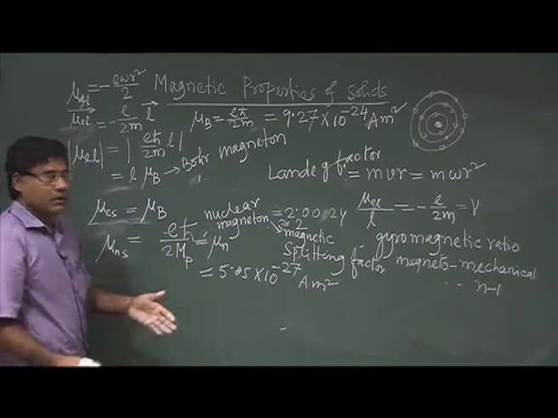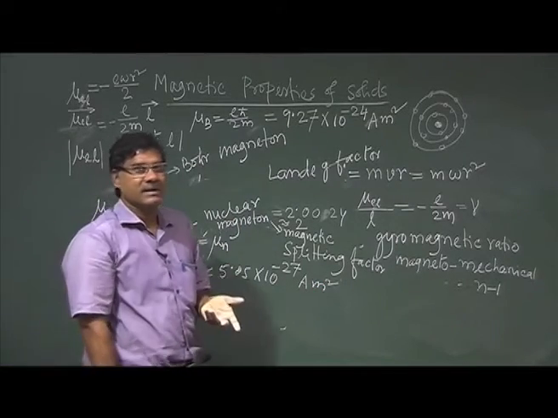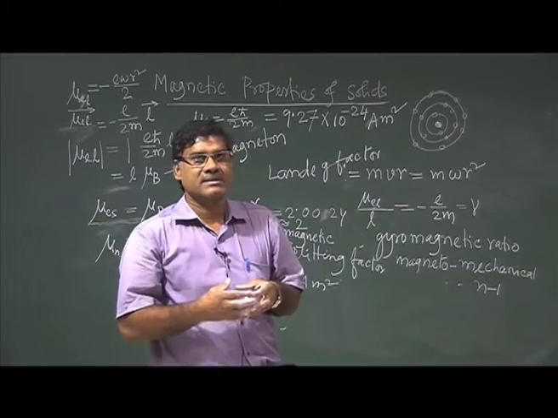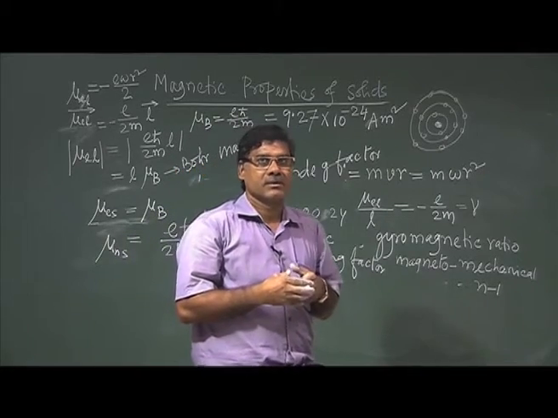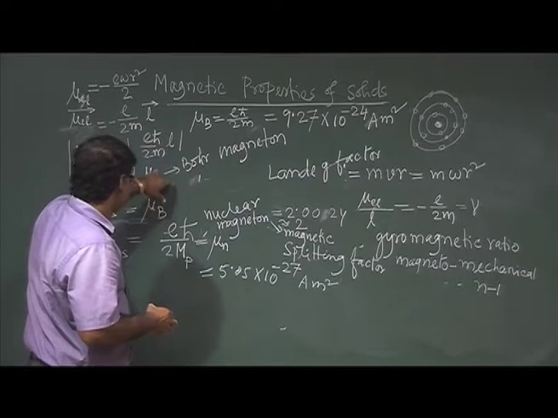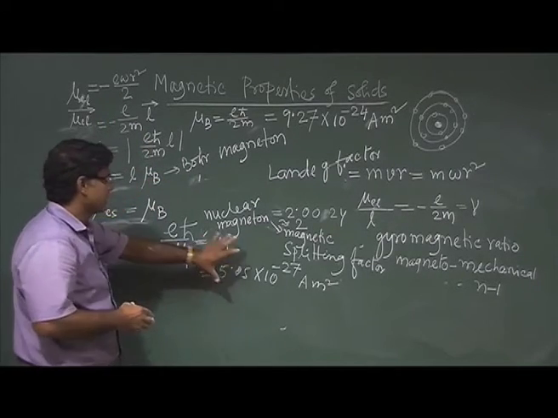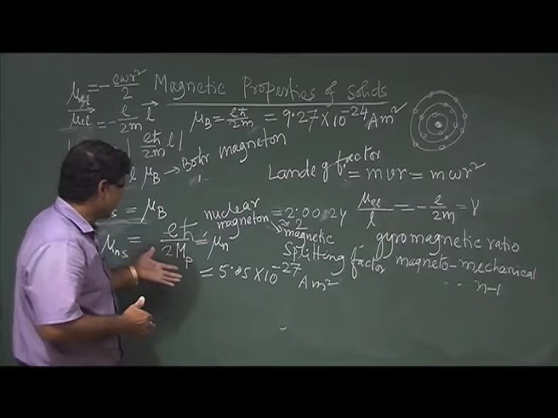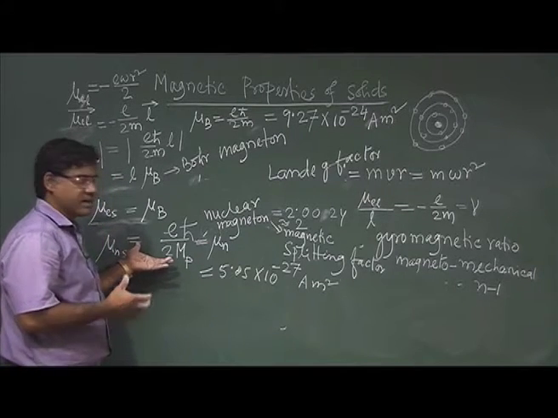Okay. So, this magnetic moment comes from the nucleus. An atom has a nucleus and electrons. Electrons have two contributions, orbital and spin. The nuclear magnetic moment is due to the spinning motion of the nucleus or nucleons.